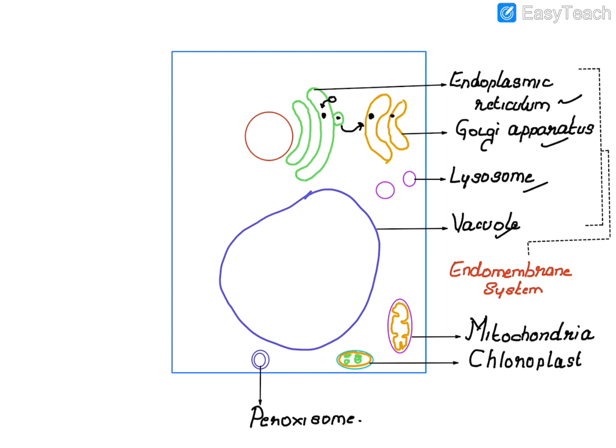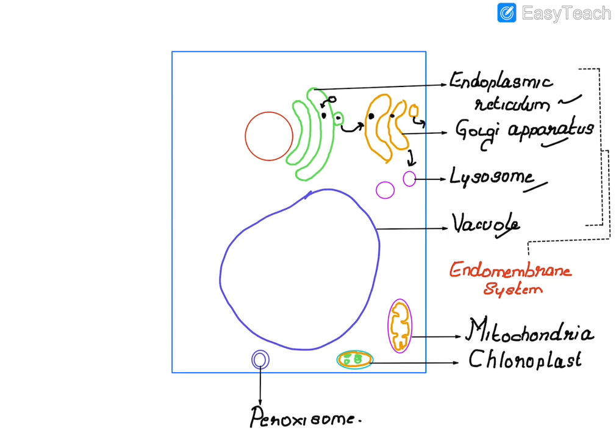Then later, the vesicle that has been released from this Golgi apparatus fuses with the cell membrane, and the content will be released outside. In the same way, even the lysosomes have been produced by the Golgi apparatus.